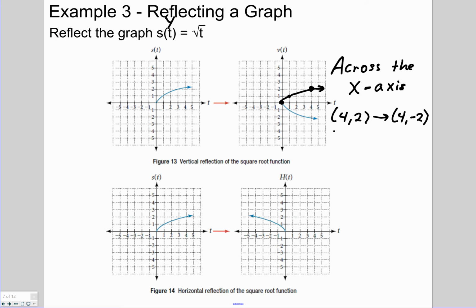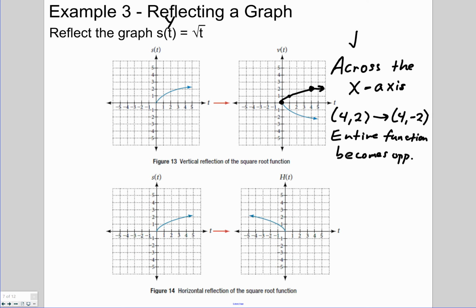So I'm going to write down: entire function becomes opposite. If I put OPP, you know that means opposite. Now here's the last step. The entire function becomes opposite. What is the function?